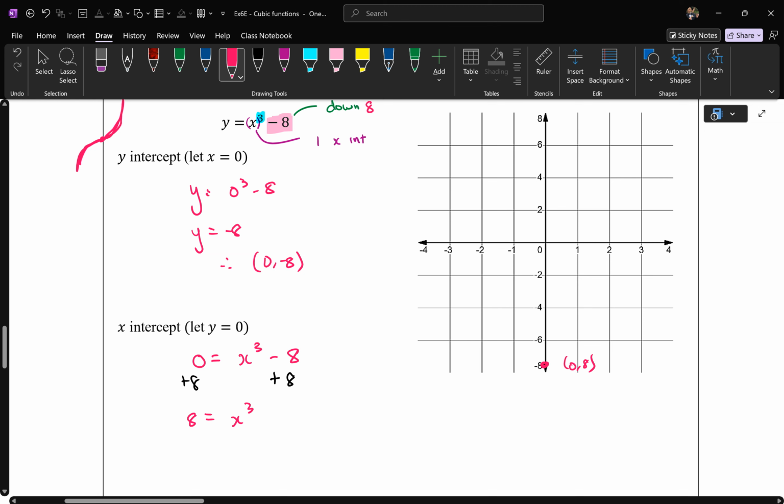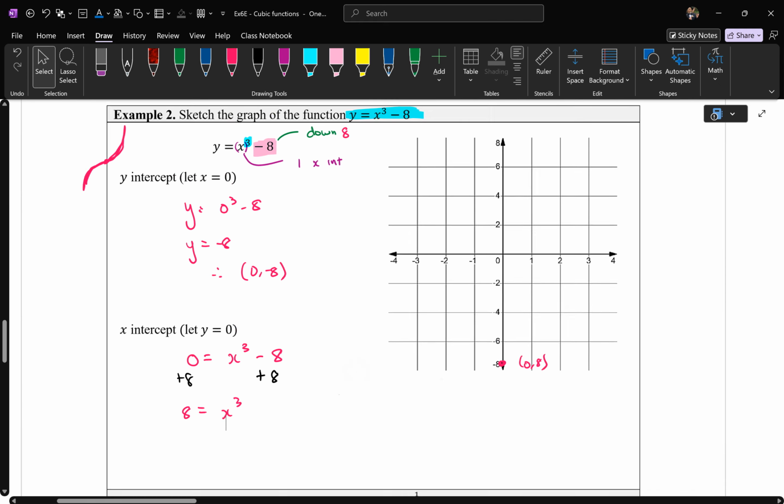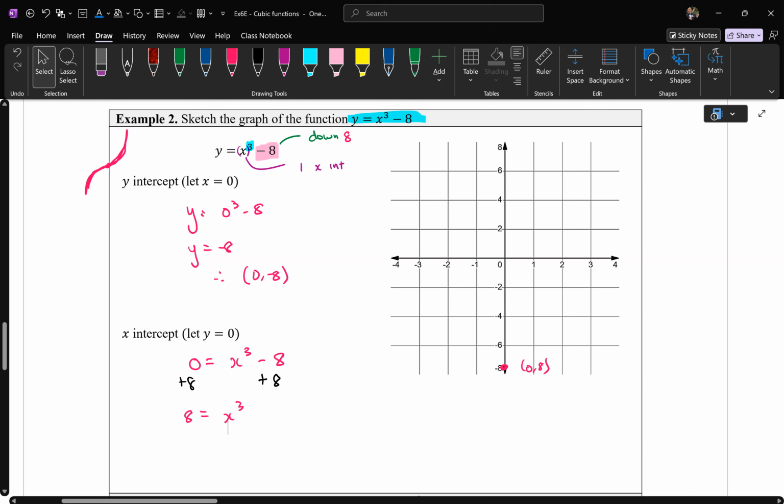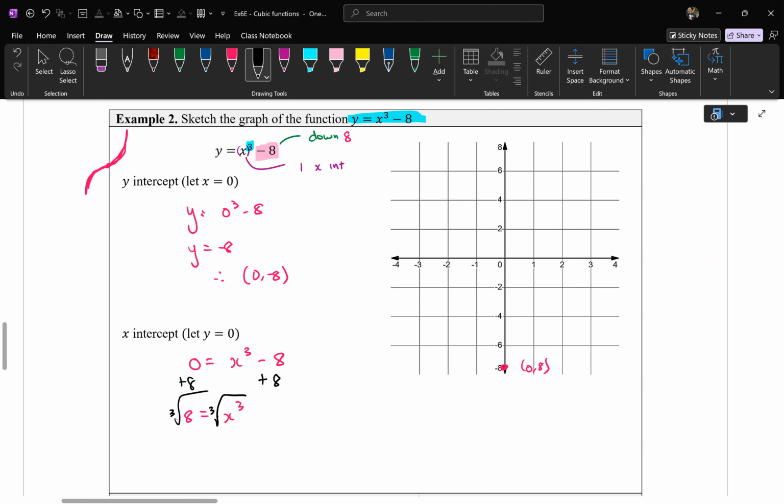And then finally, to get rid of the cube, the opposite of cubing is not square root, cube root. Very good. So we cube root the right, cube root the left. These cancel out. And what is the cube root of 8? 2. Very good. So that tells me when y is 0, x is 2. So here's my x-intercept, 2, 0.